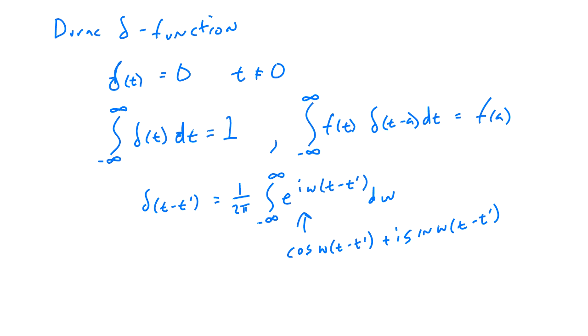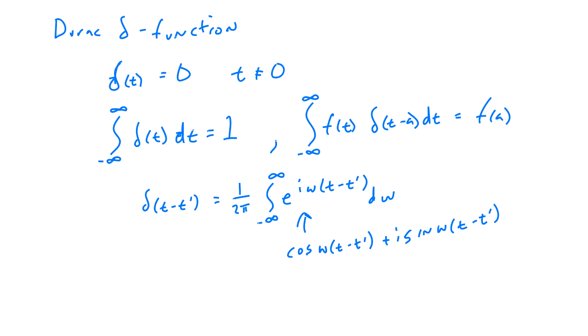However, if t is equal to t prime, then the argument of this exponential is 0, which means that it's no longer a periodic function. It's basically going to just be integrating d omega from minus infinity to infinity, which is infinity. And so this function becomes infinite at that particular point.